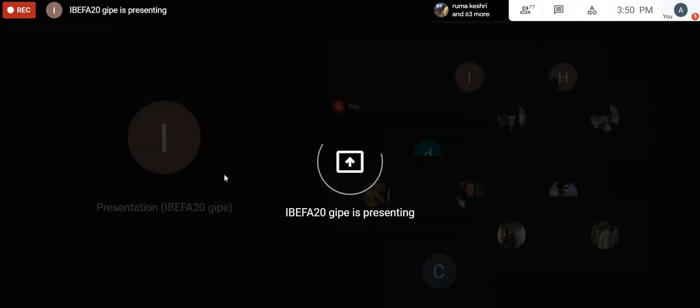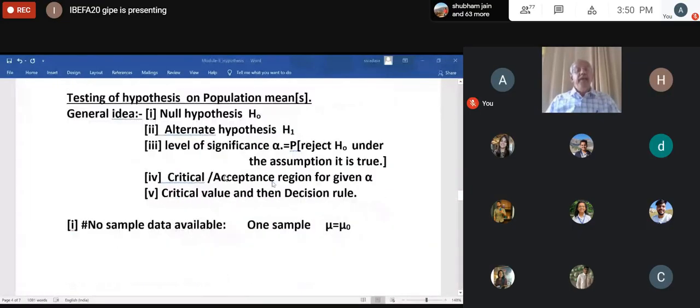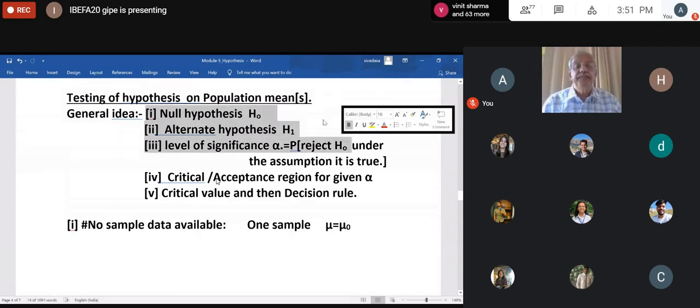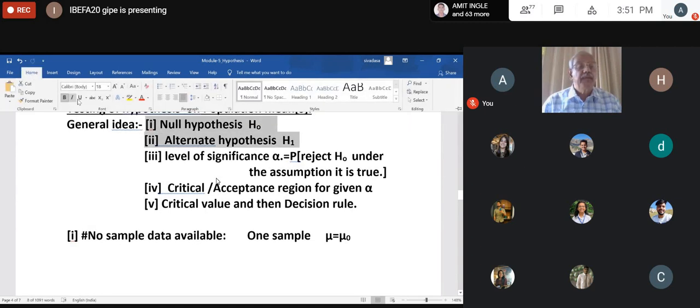Every time in research, there will be a null hypothesis denoted by H0. There is an alternate hypothesis denoted by H1. A null hypothesis is a statement.